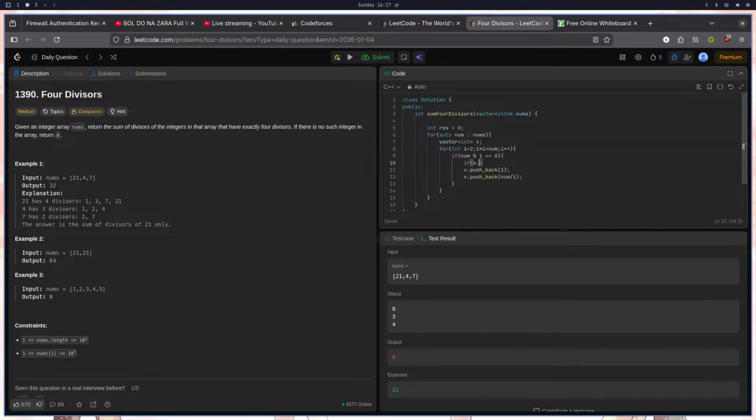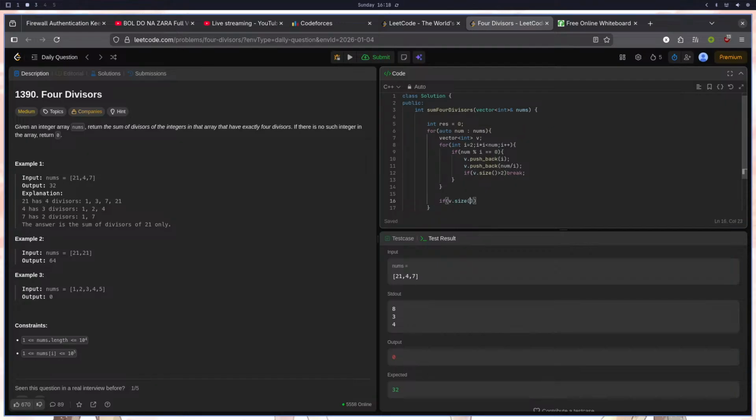If v.size is greater than 2 break. v.size equal to 2, res equal to v0 plus 1 plus 1 plus now, return res.